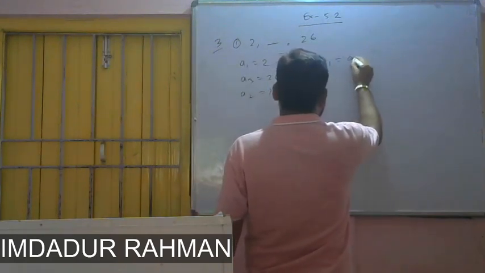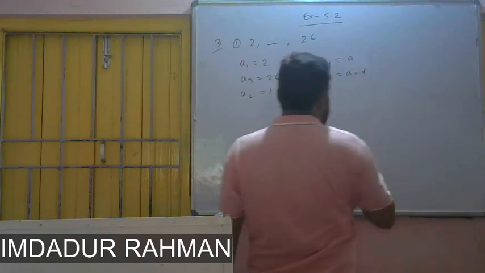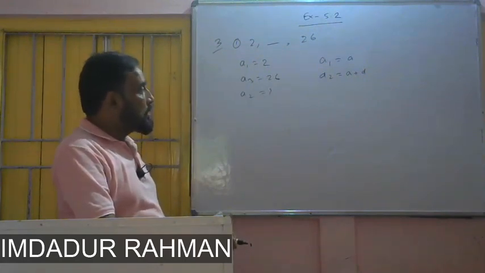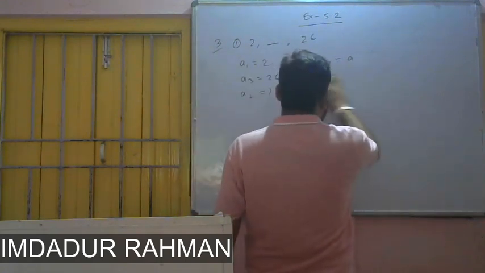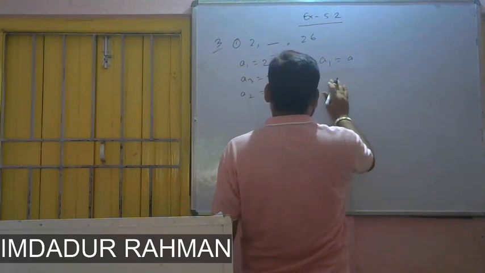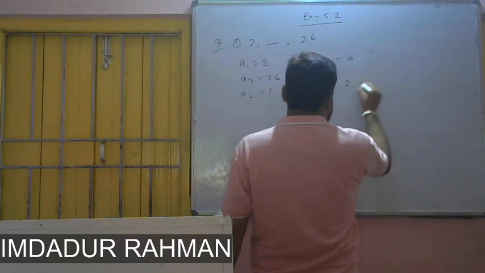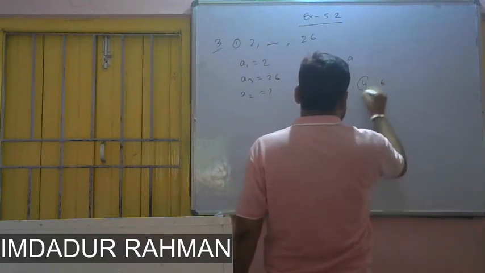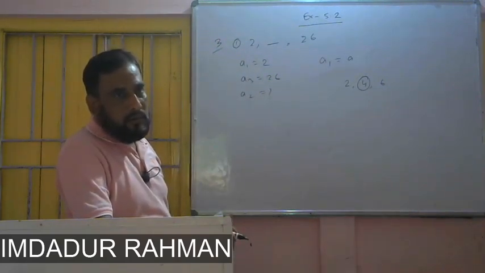A1 means A, A2 means A plus D. I'll give hints only. Just giving an example: 2, 4, 6. If 4 is not there, how will you find it?